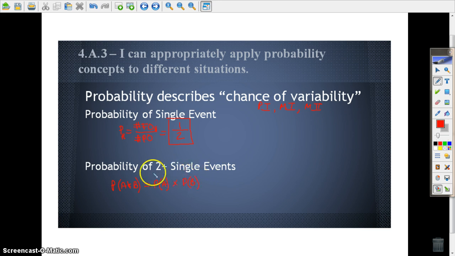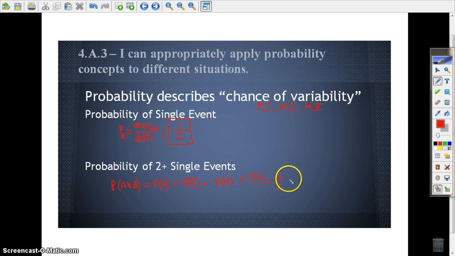So in our example, I got 2 coins. I want a heads and a tails on the coin. Basically, I'm looking for the probability of heads and the probability of tails. Well, I've already figured out the probability of heads by taking the number of favorable outcomes over the number of possible outcomes, 1/2.